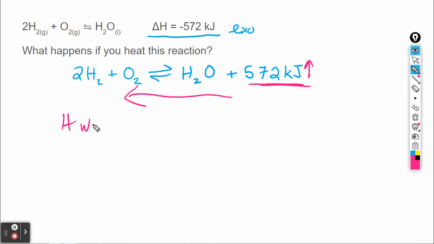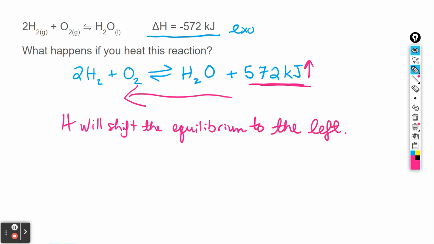Again, excuse me for writing. It shifts the equilibrium to the left, increasing the amount of H2 and O2.